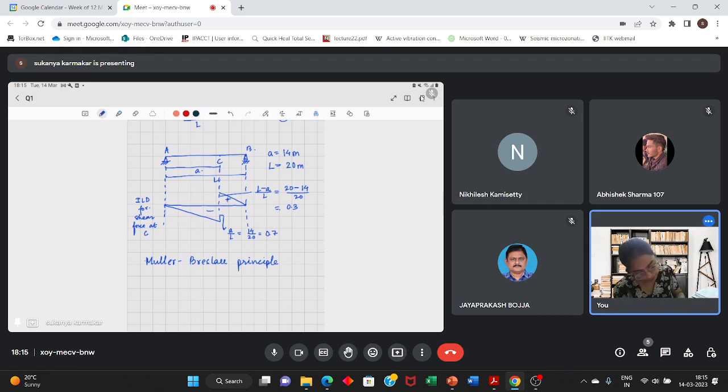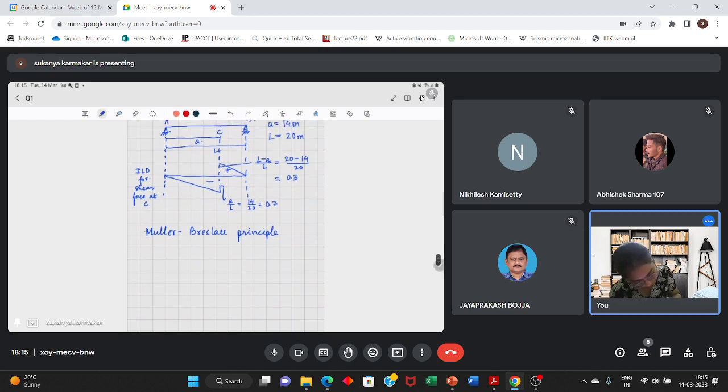So suppose this is that beam. For convenience, I'm drawing it again. A, B, and C. And here, for us, the positive sign convention for shear is this.